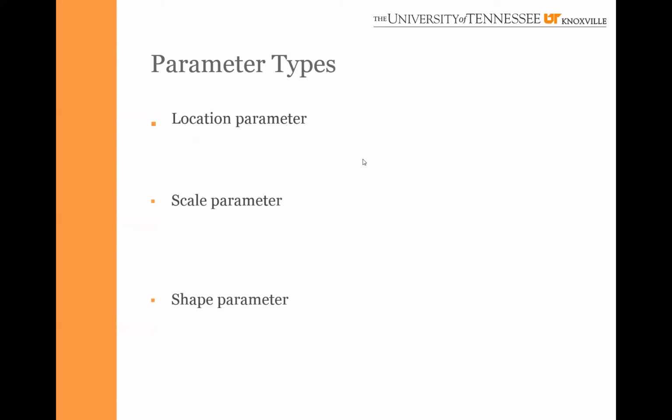Let's very quickly look at them. Location parameter. As the name suggests, it changes the location of the distribution. So if I have a distribution like this, if I change the location parameter, maybe my distribution moves to the right or to the left. So it changes the location. Then I can have the scale parameter. The scale changes the spread, right? So if I change my scale parameter, maybe my distribution goes from this to this, right?